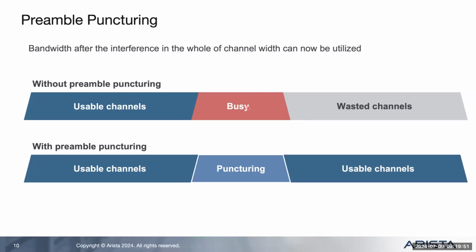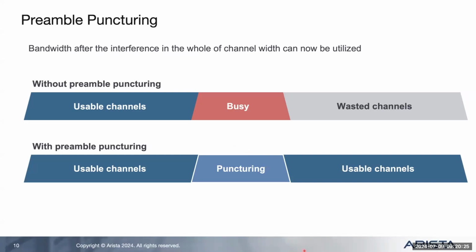Whereas with preamble puncturing, by puncturing the busy part of the channel, the remaining portion can be used, thereby maximizing the bandwidth and improving the overall channel utilization. So that is the benefit of with and without preamble puncturing.